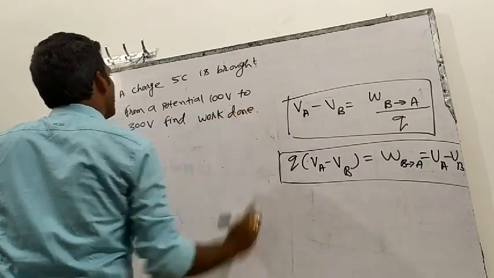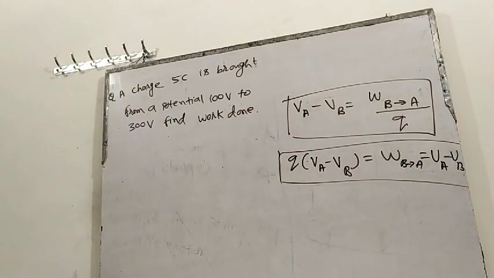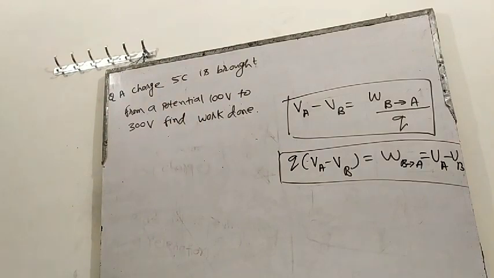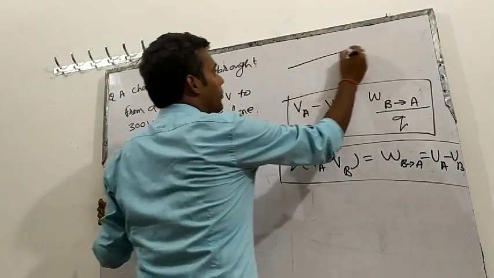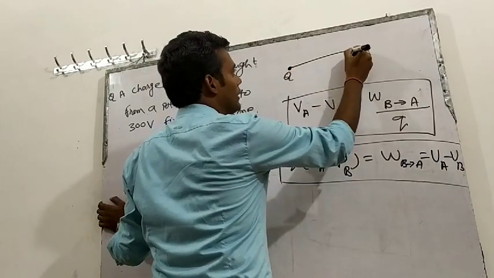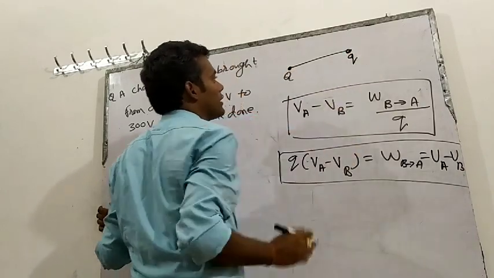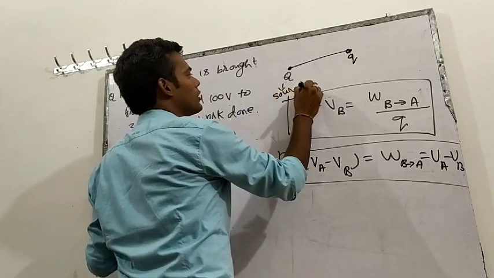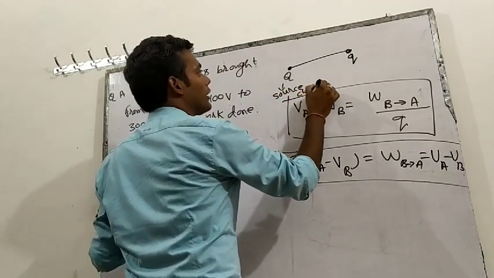What we have to find? Work done. So how we will find? See, work done is Q into VA minus VB. If suppose I told you that this is Q charge, this is test charge, this is source charge.